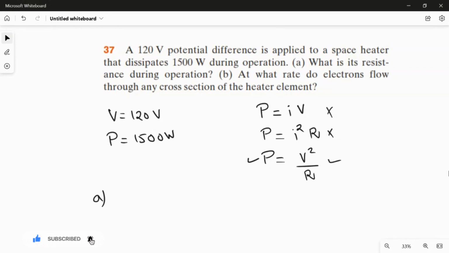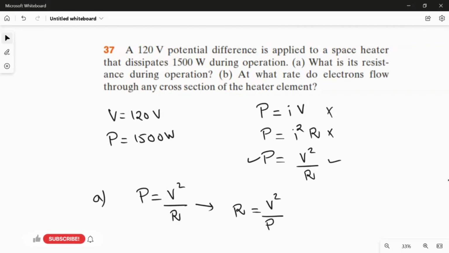So here I am going to use this equation, power P equal to V square over R. I have to rearrange this equation in terms of resistance. If you rearrange this equation in terms of resistance, it is modified as resistance R equal to potential difference square over power. And here we have the potential difference as well as the power.